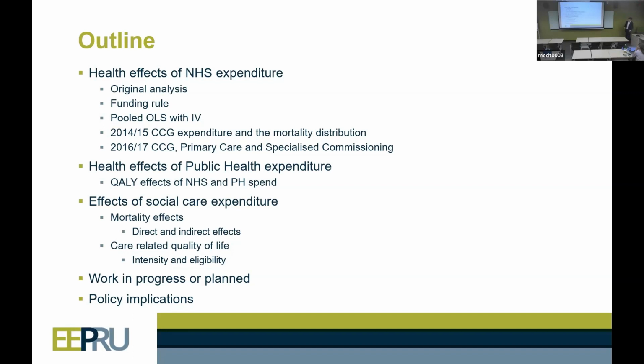Then we'll also look at the effects of social care expenditure. Again, not part of the NHS, but clearly a very important form of expenditure that can have health effects of different types, and we'll talk about that later. Again, this is also the responsibility of local government. So it is public, but it's not part of the NHS.